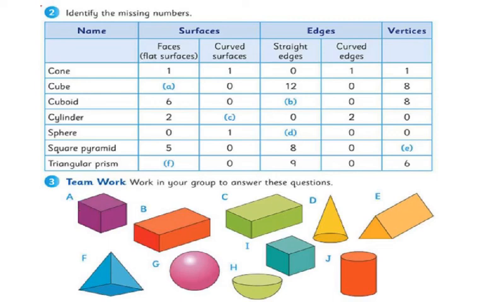Where is the next missing number? So let's look. Cuboid, straight edges. So where is our cuboid? Well, let's see. How many edges has a cuboid? We'll use this green object down here. 1, 2, 3, 4.